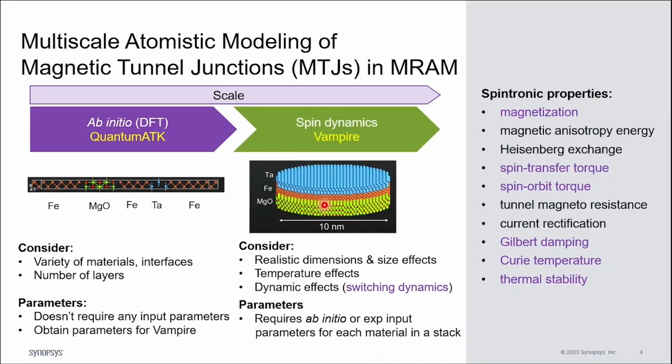It enables R&D engineers and researchers to do both: to consider the performance of novel materials, thin layers, and interfaces in MTJs with little experimental knowledge. And at the same time, it enables them to take into account realistic dimensions, size, temperature, and dynamic effects on MTJ spintronic properties using atomistic spin dynamics.